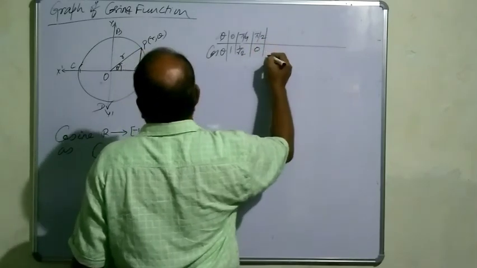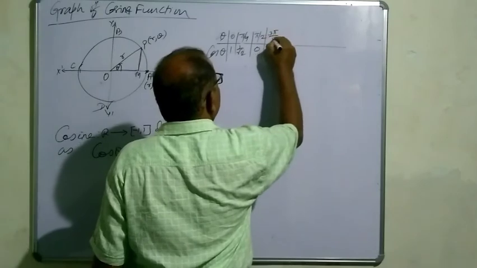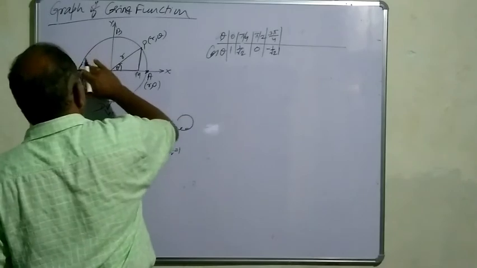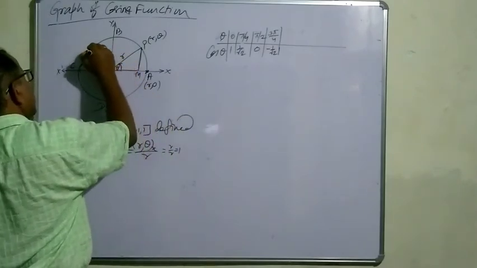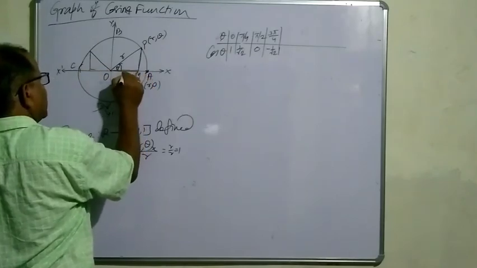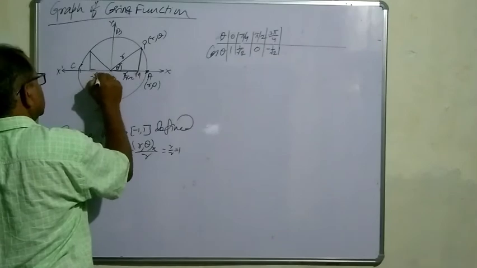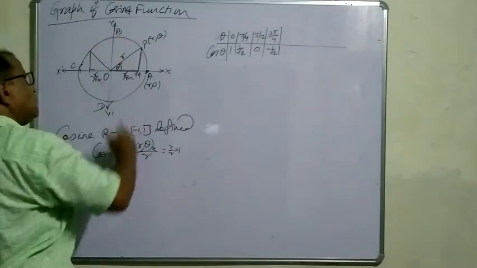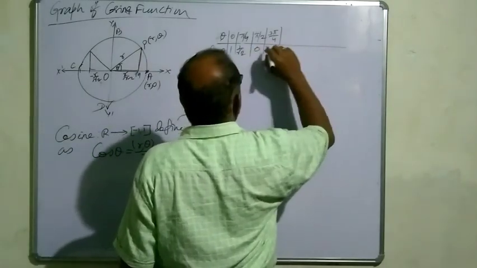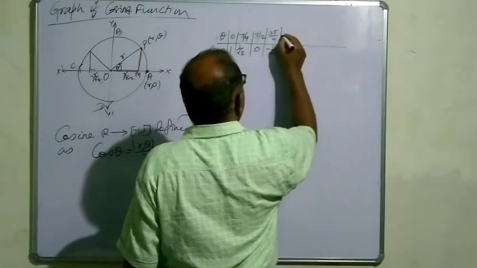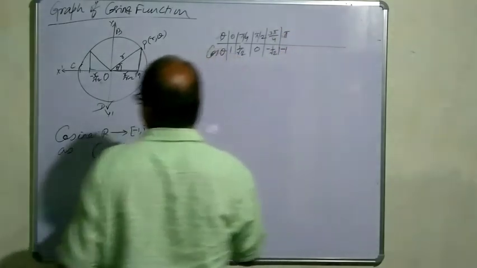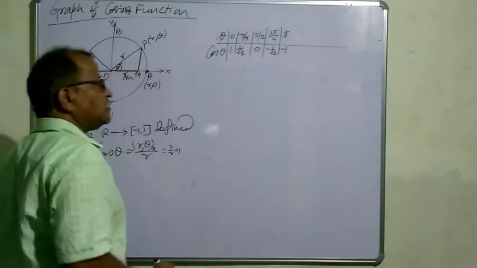At pi by 2 it is 0. After that, at 3 pi by 4 it is minus 1 by root 2. Here it will be negative. Why? I have already told you, the x coordinate is r by root 2, but here it will be minus, because it is to the left of the y axis. Then at pi its value will be minus 1, because x will be minus r.